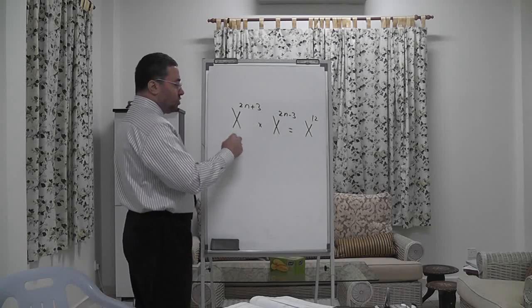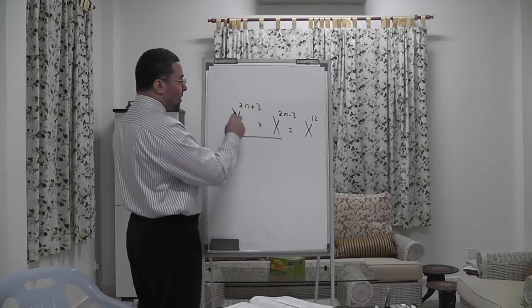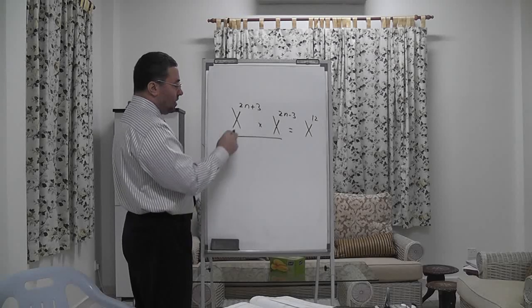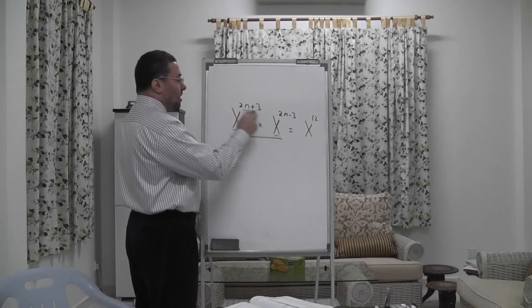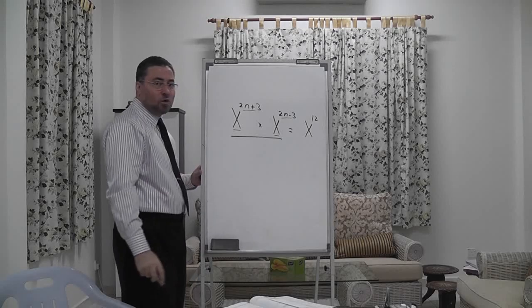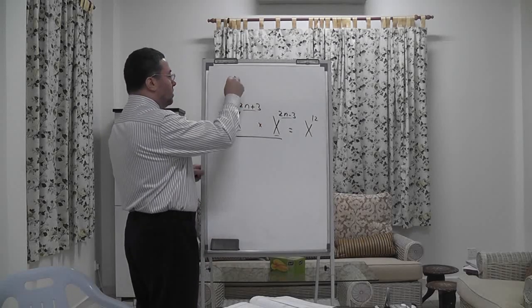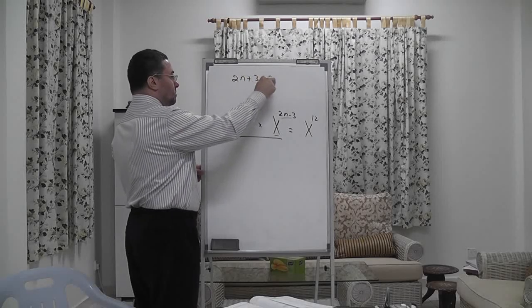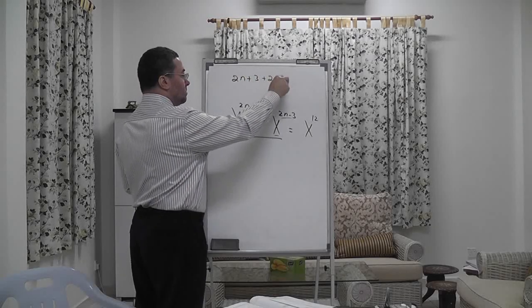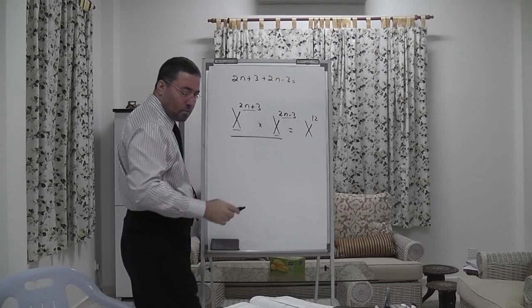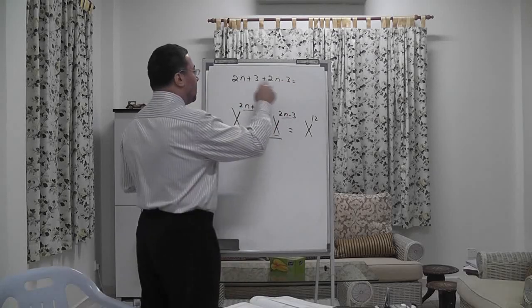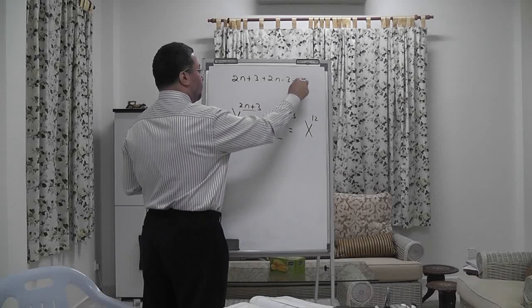In this case, we have to solve this part of the equation. And here we have two numbers multiplied by each other, the same base again, and each one has its own power. So we add these powers. We're going to do this addition here. And that gives us 4n.